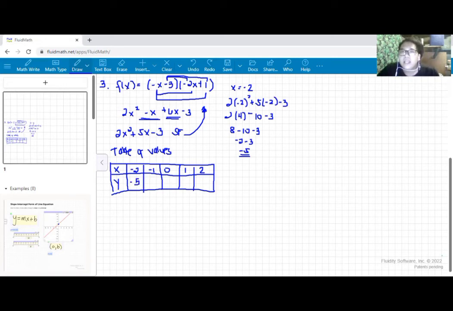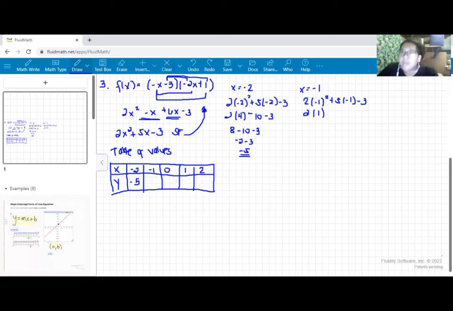Next, let x equal negative 1. So here we are going to substitute again. Therefore, we have 2 times negative 1 squared plus 5 times negative 1 minus 3. Here, we have to bring down 2. So negative 1 times negative 1 is actually 1.